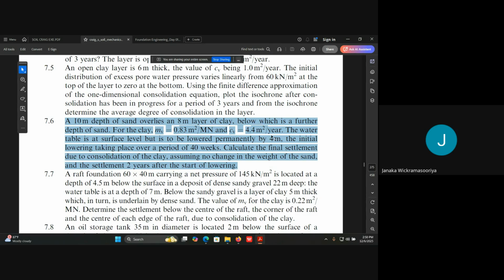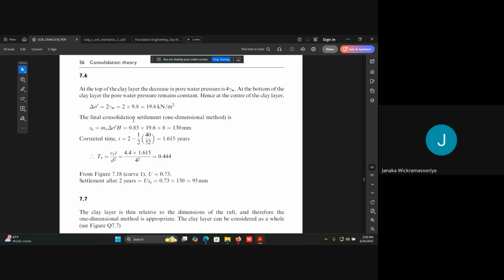Calculate the final settlement. For this final settlement, what you can use is mv delta sigma h. First you should calculate the delta sigma value. At the top of the clay layer, the decrease in pore water pressure is 4 gamma w.